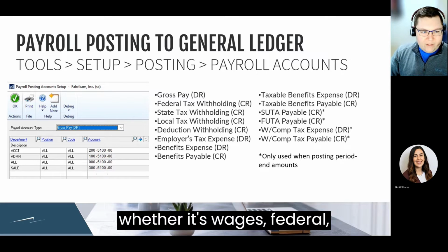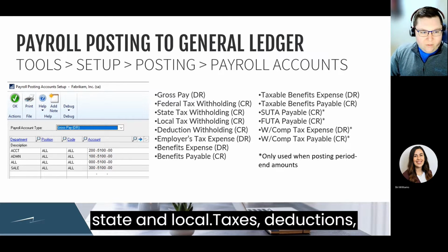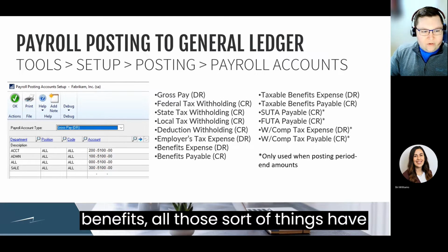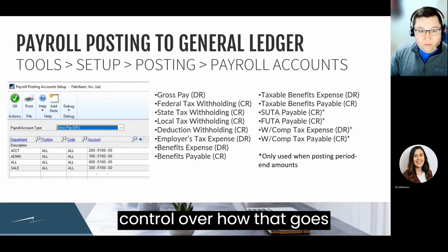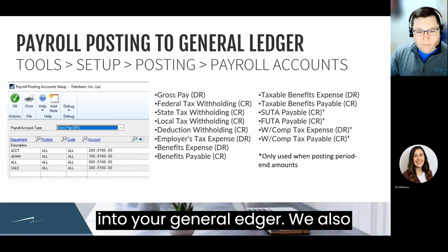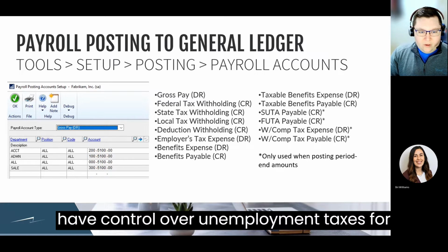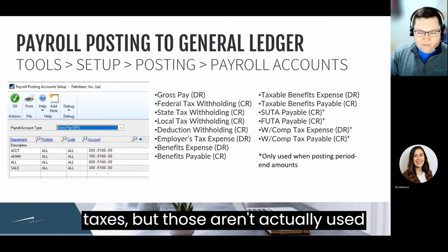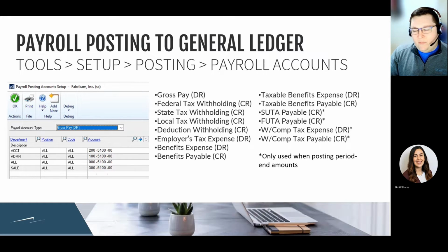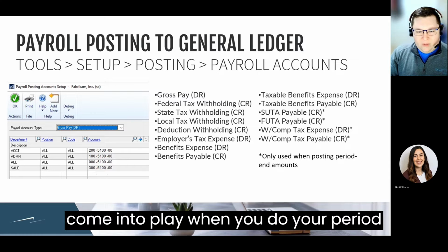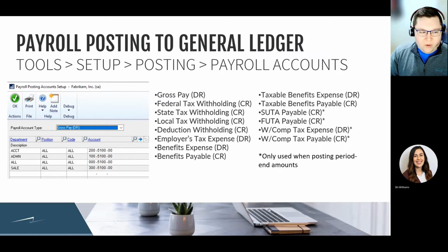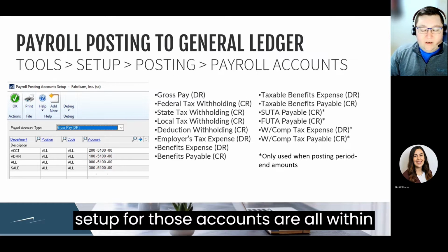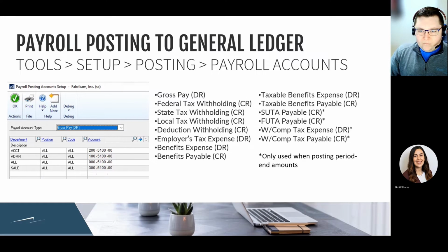So whether it's wages, federal, state, local taxes, deductions, benefits, all those sort of things have control over how that goes into your general ledger. We also have control over unemployment taxes for state and federal, and then workers' comp taxes. But those aren't actually used during the payroll process. Those just come into play when you do your period end posting routines. But the setup for those accounts are all within this same window.